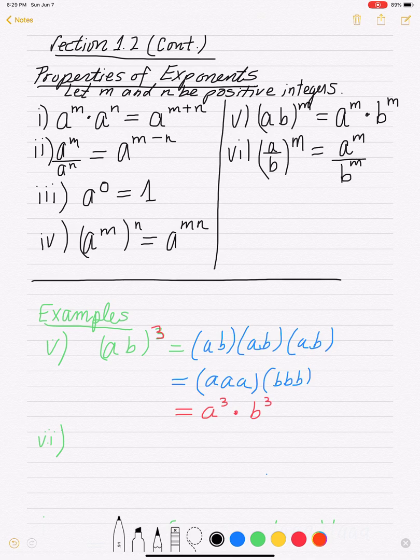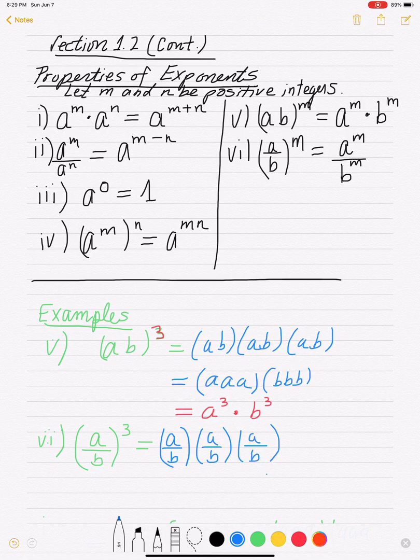So essentially exponents distribute over fractions to their numerators and denominators. So let me show you that one. Let's say we got a over b, a fraction, to the third power. What does that mean exactly? That means you got a over b times a over b times a over b, right? 3 copies. That's what that exponent means.